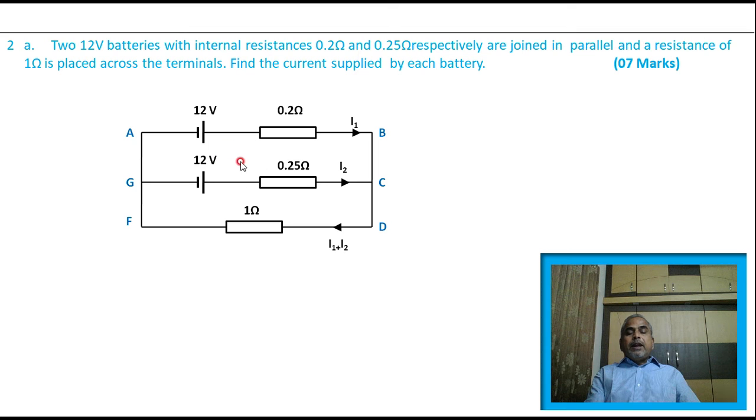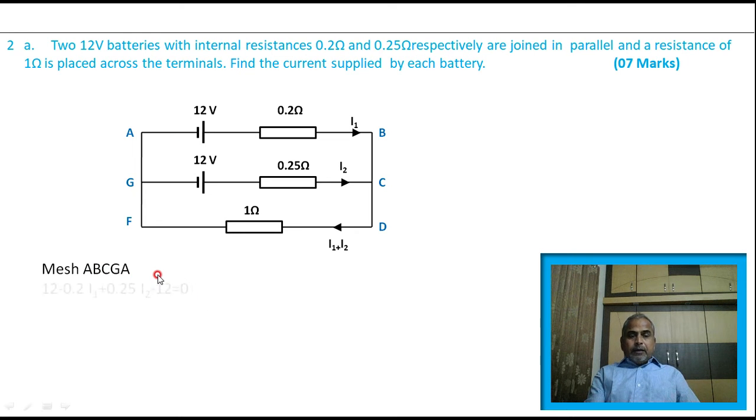Then, here there are two unknowns, so what you have to write is the mesh equations. The first mesh I am considering is A, B, C, G, A. You have to move all along the path you are writing here: A, B, C, G, A.